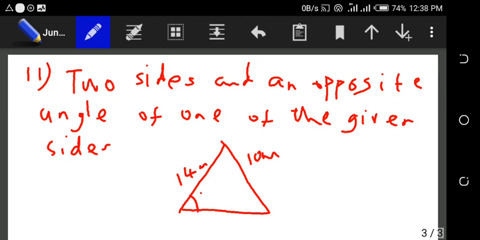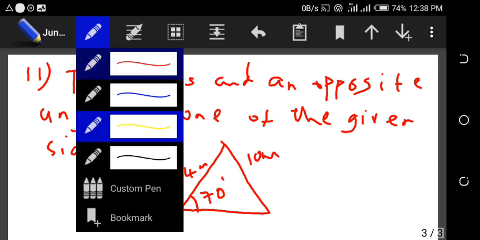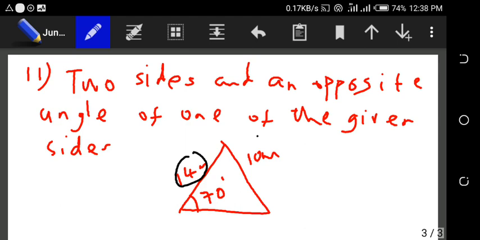Maybe here is said to be 70 degrees. So in this case, we have two sides given, right? As you can see here, two sides are given, and this angle here, this 70 here, is opposite one of the sides.